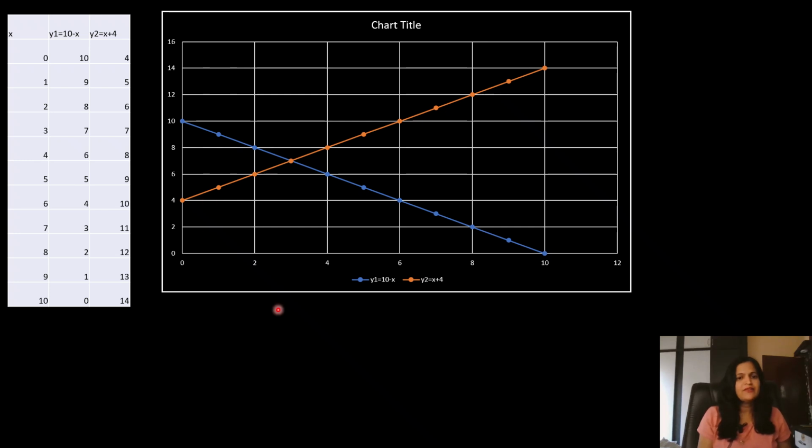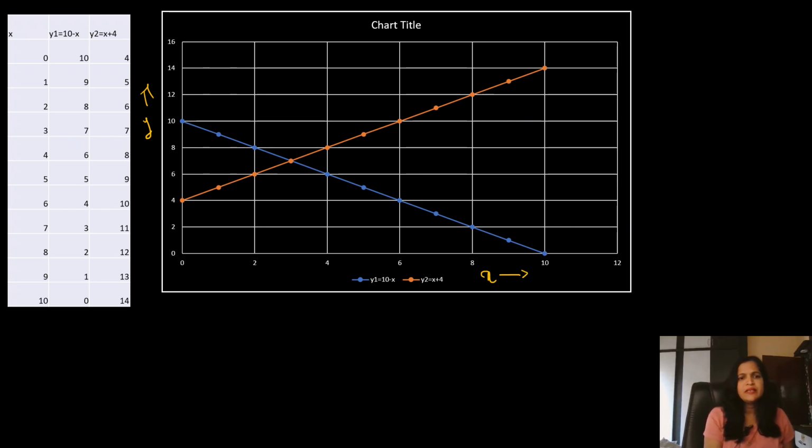Then plot the graph. This is the x-axis and this is the y-axis. On the x-axis, 10 values we have taken, and I have marked up to 12.